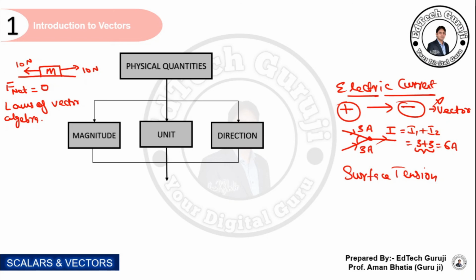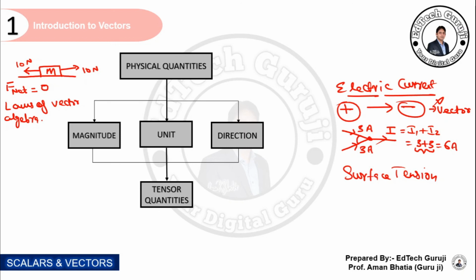But in the real sense, in real physics, these types of quantities come under a third category, which is termed tensor quantities. So tensor quantities are those quantities which have magnitude, unit, direction, but they do not obey the laws of vector algebra. Such physical quantities are called tensor quantities.